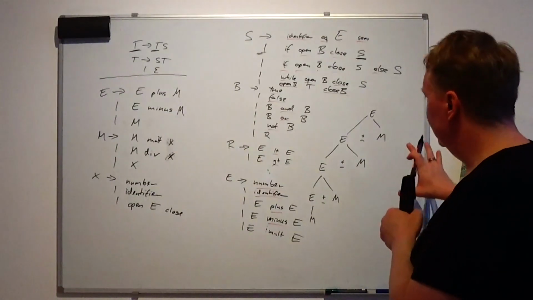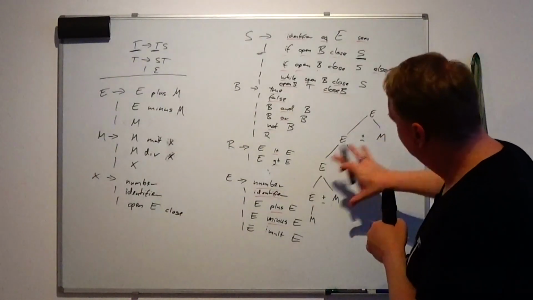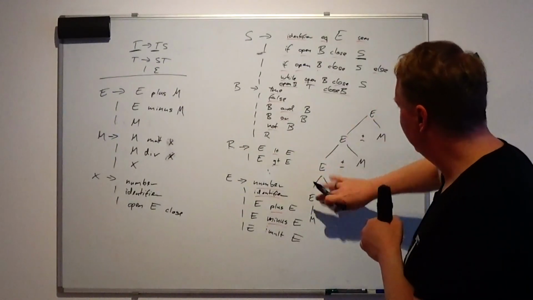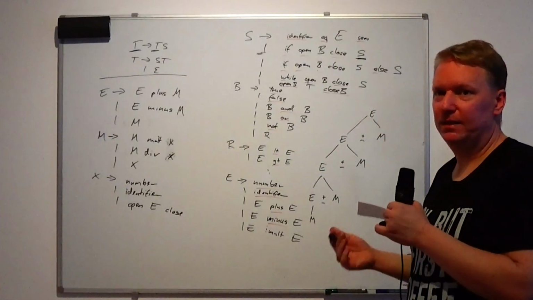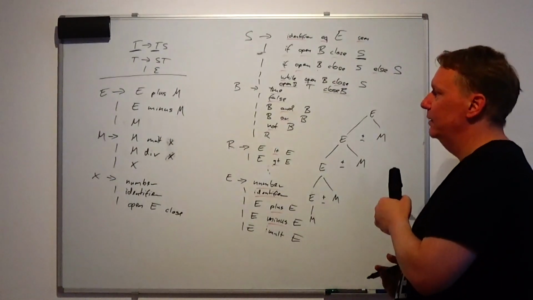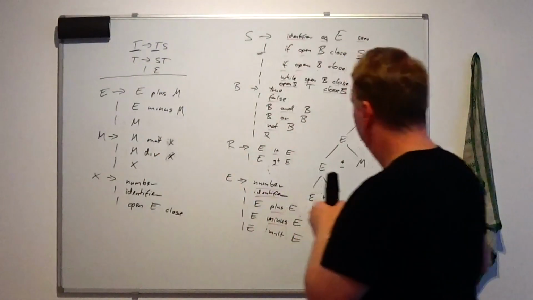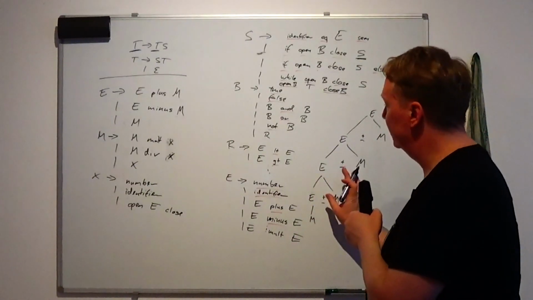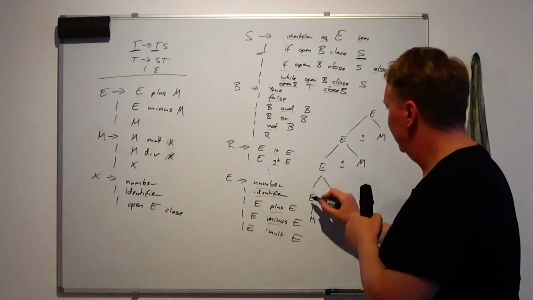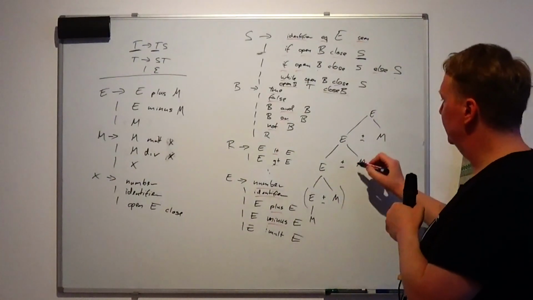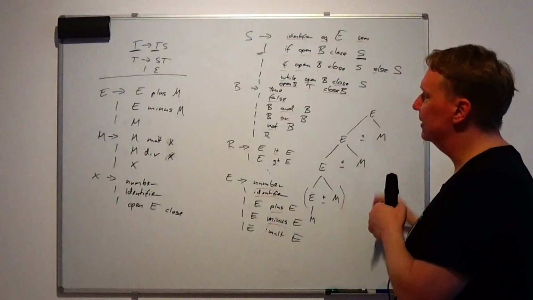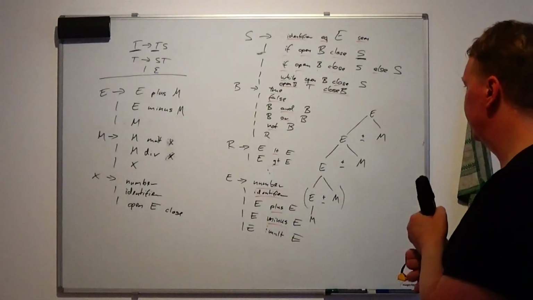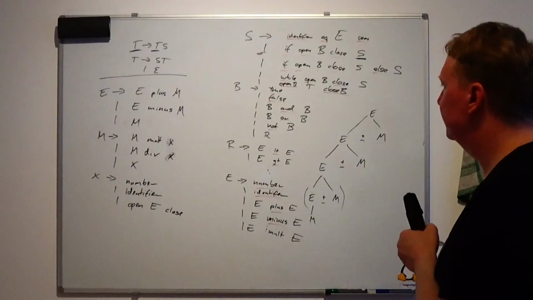This way we force the structure of the tree to be on this left side, and that's the same thing as being left associative, right? Because the thing that we get from further down the tree is the stuff that's on the left side, and then we do the next thing on the right side to it. Okay, so that's how you can deal with associativity.